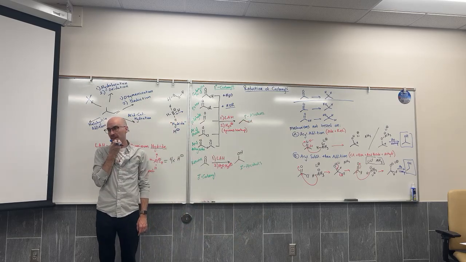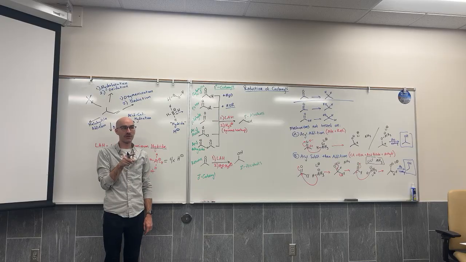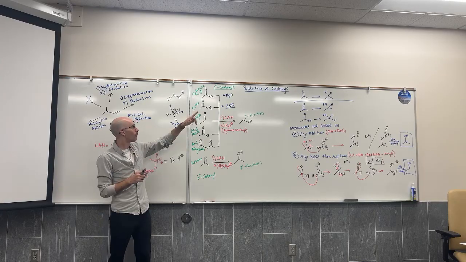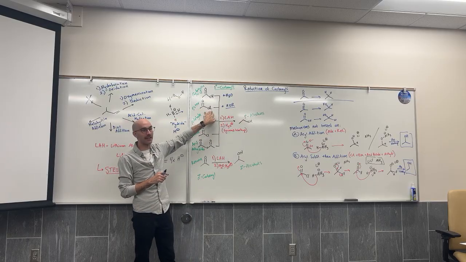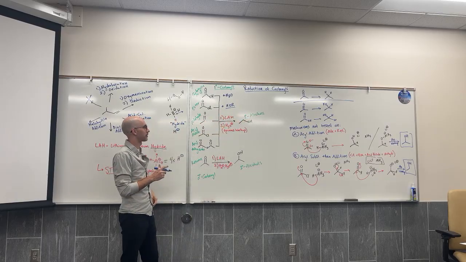So here's the fun thing I like to point out. The ester is reduced into two alcohols. The carbonyl carbon becomes an alcohol, and whatever the ester linkage is becomes an alcohol. Always two alcohols from the ester.